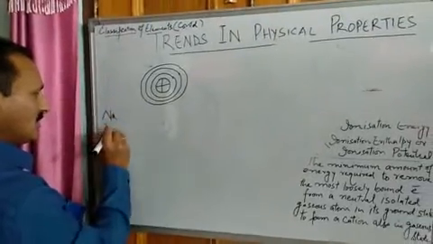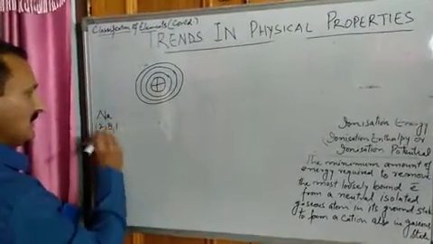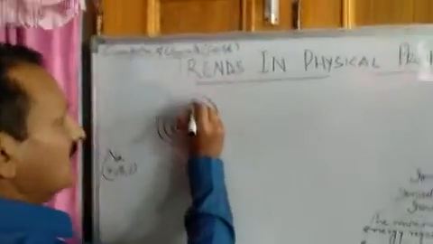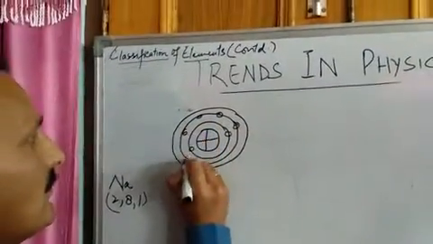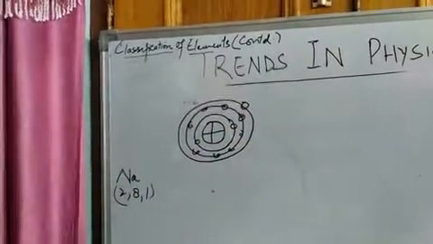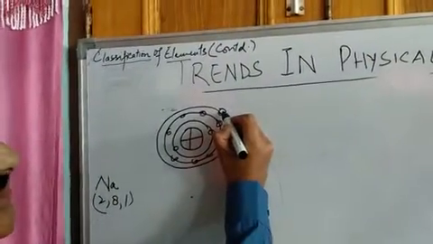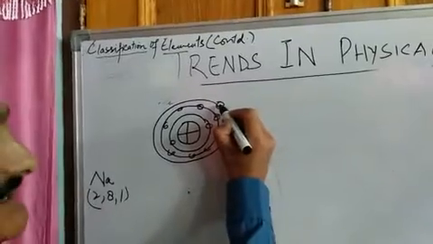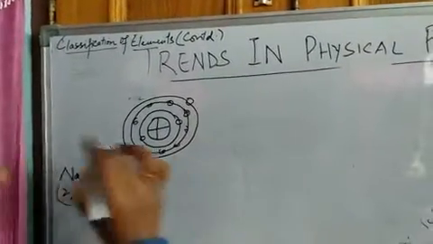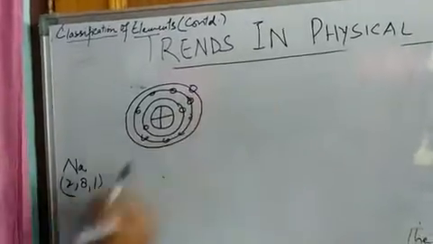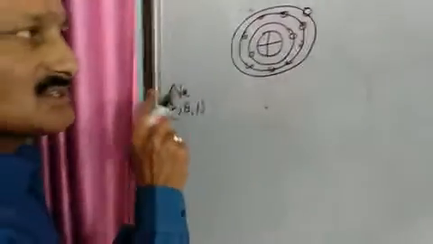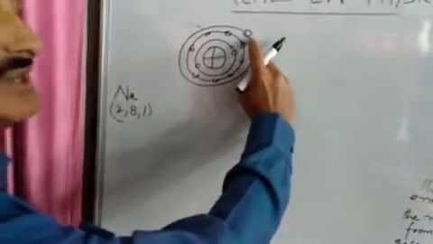The electronic configuration of sodium is 2, 8, 1: 2 electrons in the first shell, 8 in the second, and 1 in the valence shell. Now if we want to remove this valence electron, the most loosely bound electron, so that sodium acquires stability, this one electron needs to be removed.